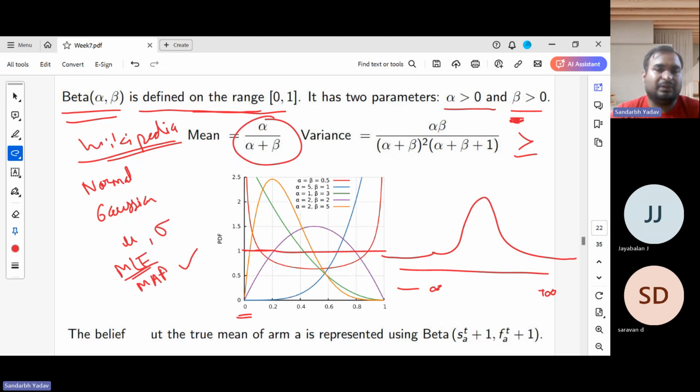Different values of alpha and beta give different types of distribution, so you can try out different parameter values. The belief about the true mean of this arm is represented using beta, the number of successes and the number of failures. In our case, our success will be the number of heads and the failures will be the number of tails.